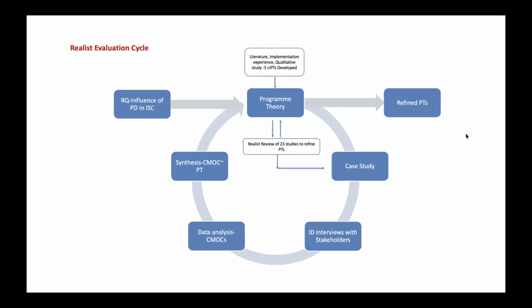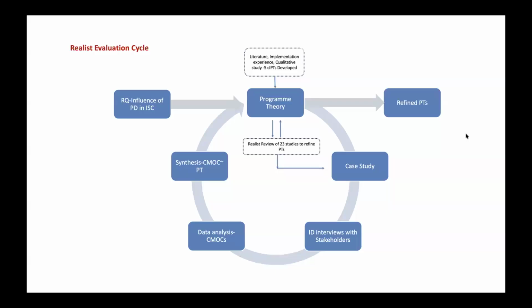So to build my initial program theories, also known as CIPTs, candidate initial program theories, these can come from your literature, your own experiences as a researcher, and also a small exploratory study. I had a little bit of implementation experience, and I also dug deep into the literature, but I really wanted to position my CIPTs in India and in Assam.